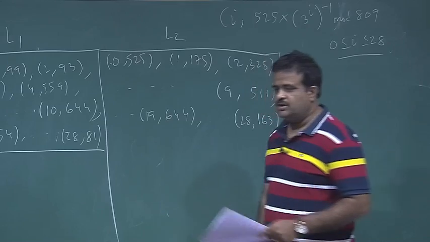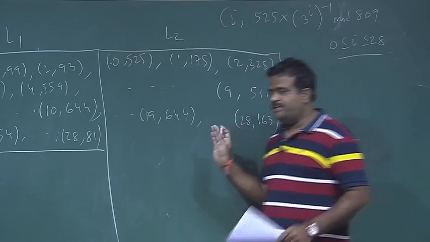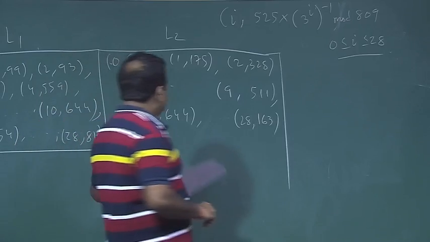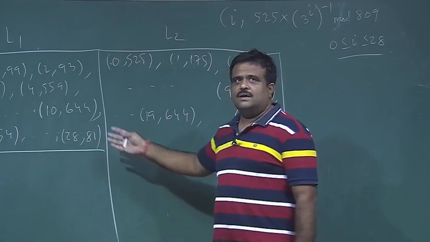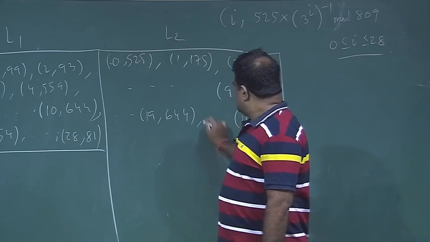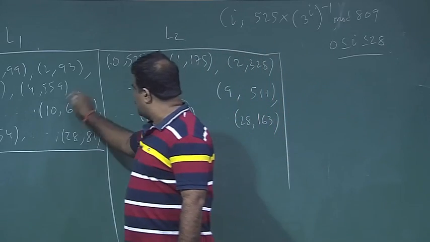Okay, these two lists are sorted based on L1 and L2. Among these two lists, we just try to find the match. This is the matching here. This is our y.